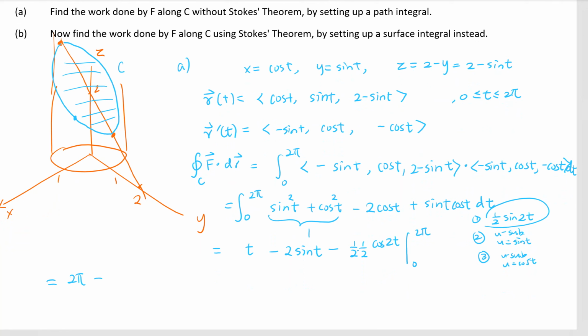Then sine 2 pi is 0, sine 0 is 0. Okay? And cosine 4 pi is 1, but cosine 0 is also 1. They cancel out. So the answer is just 2 pi. So far, so good, everybody? Okay, so that's part A.